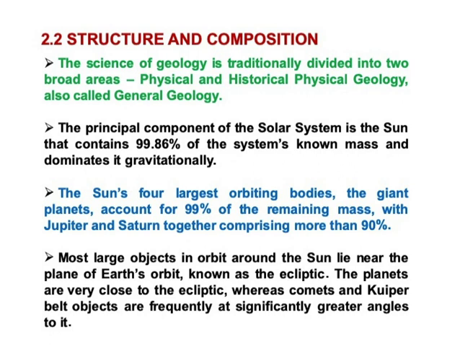The principal component of the solar system is the sun, with 99.86 percent of the known mass, and it dominates gravitationally. The sun's four largest orbiting bodies, the giant planets, account for 99 percent of the remaining mass, with Jupiter and Saturn together comprising more than 90 percent.